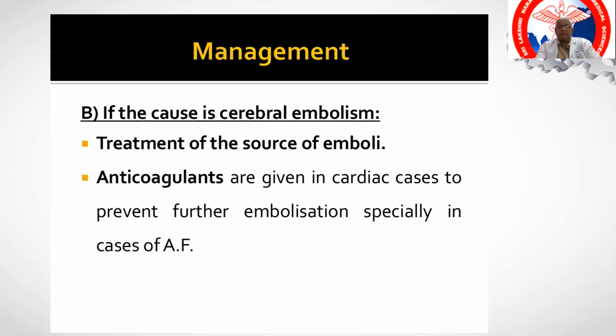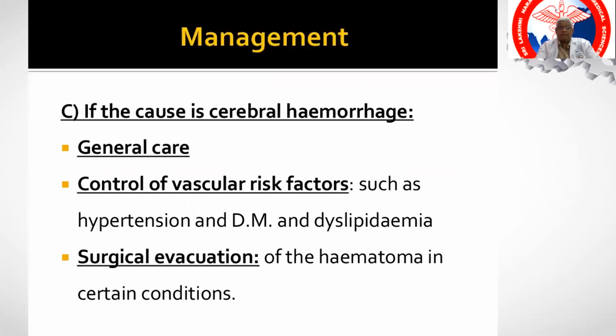If the cause is cerebral embolism, treat the source of the emboli. Anticoagulants are given in cardiac cases to prevent further embolism, especially in atrial fibrillation and mitral stenosis. Or there may be emboli or blood clots in the chambers of the heart in mitral stenosis. If the cause is cerebral hemorrhage: general care, control of vascular risk factors such as dyslipidemia, hypertension, diabetes as usual.